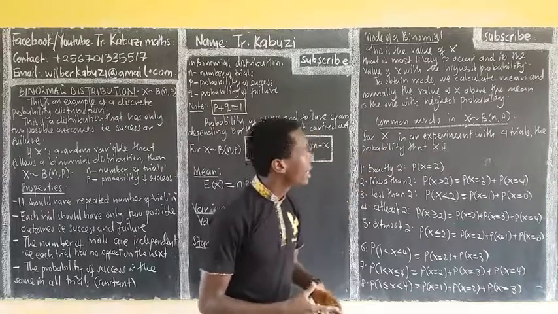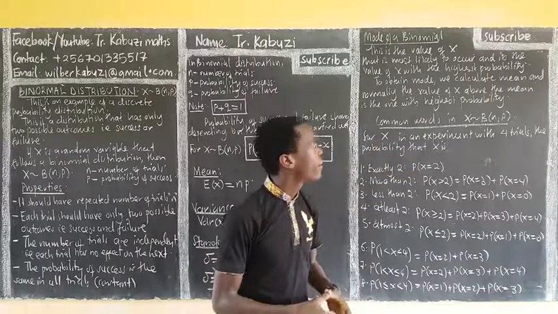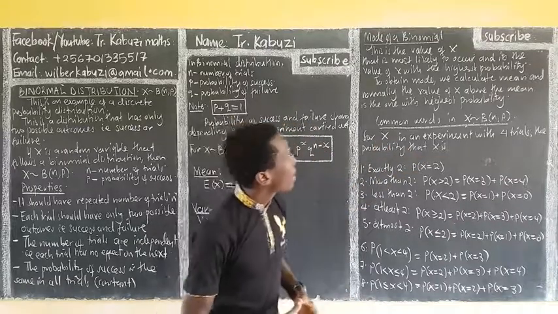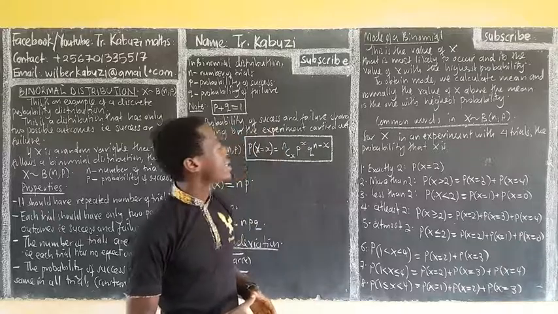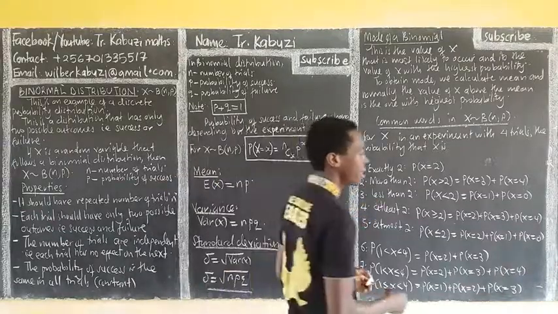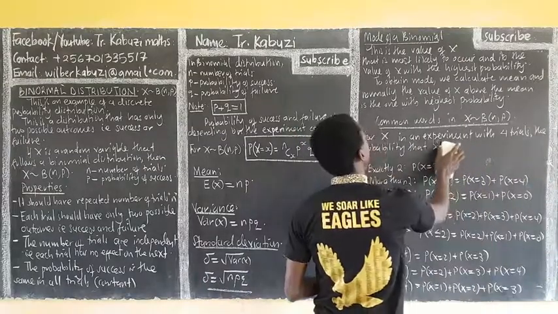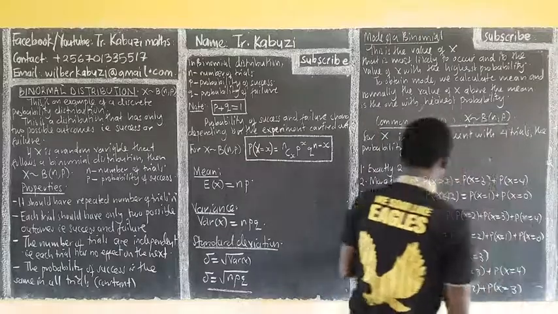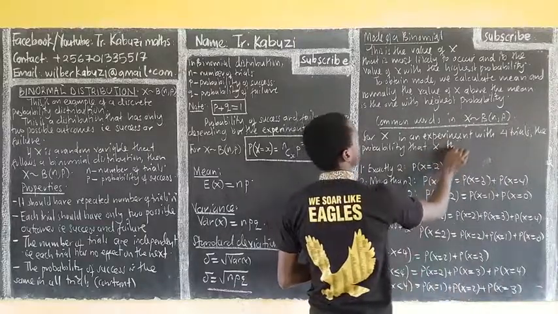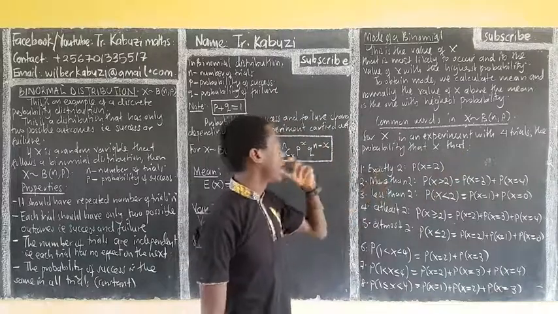Common ones in the binomial: for X in an experiment with 4 trials, the probability that X is exactly 2.